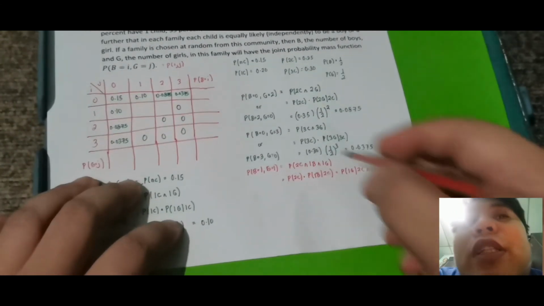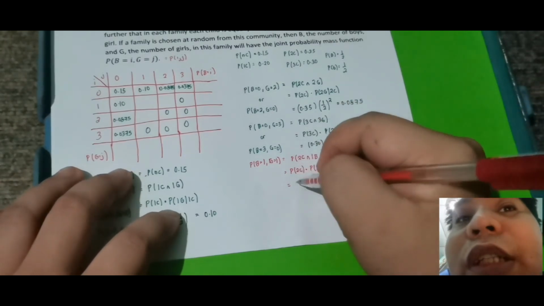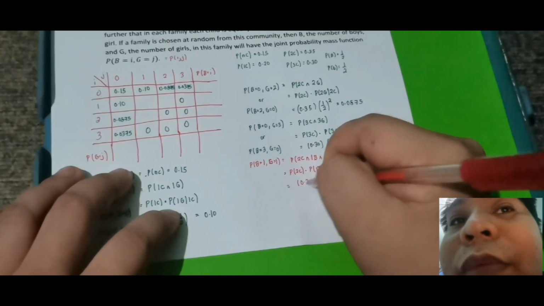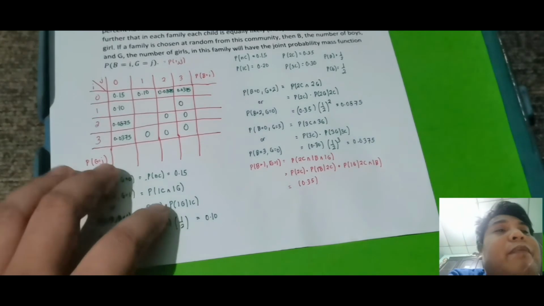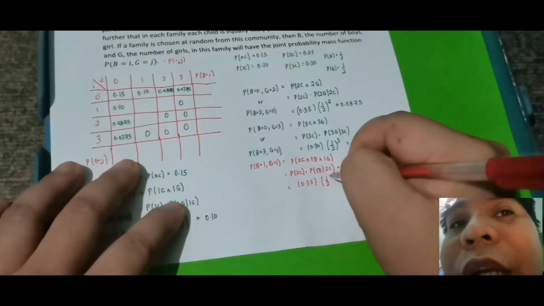Again, the probability that there are 2 children times the probability of 1 boy given 2 children times the probability of 1 girl given 2 children and 1 boy. That's what we will do. Now, the probability that there are 2 children, this is 0.35. The probability that there is 1 boy out of 2 children is 1/2. Okay, next.